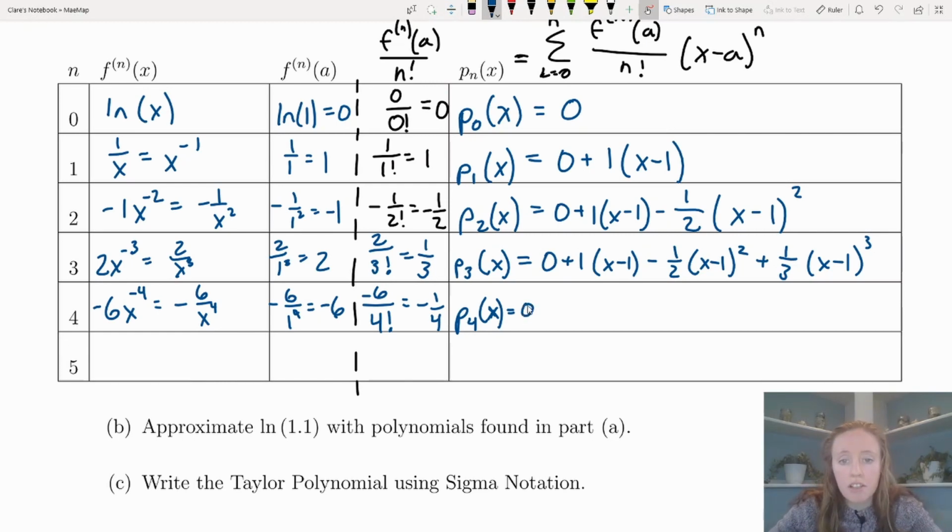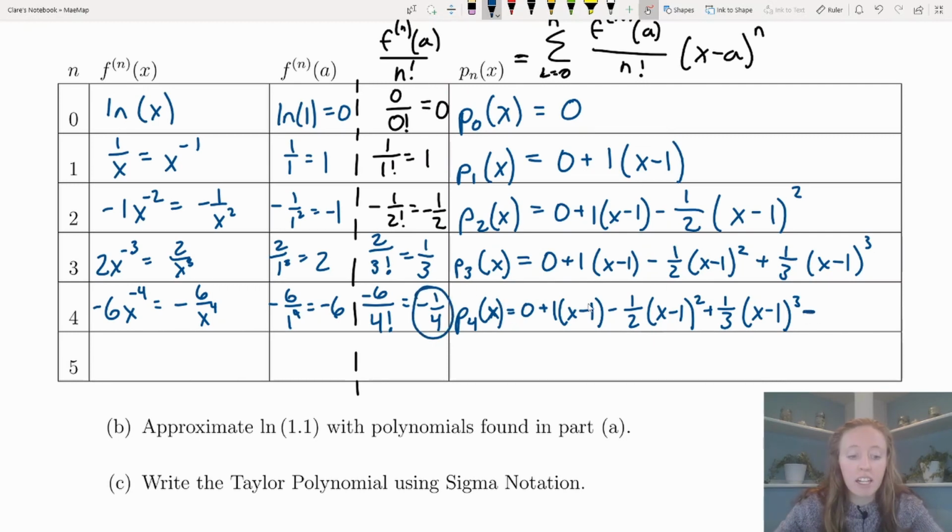So that's going to be 0 plus 1 times x minus 1 minus 1/2 times x minus 1 squared plus 1/3 times x minus 1 cubed minus, because this is a negative, so we'll have minus 1/4 times x minus 1 to the fourth.